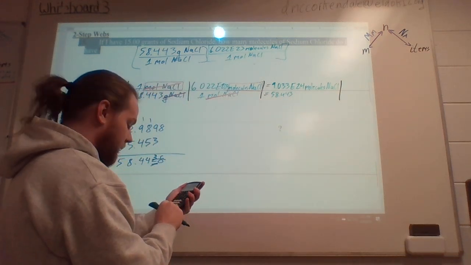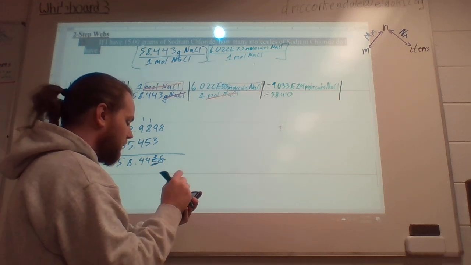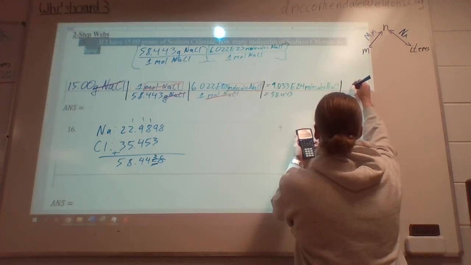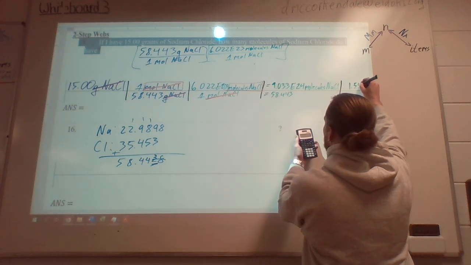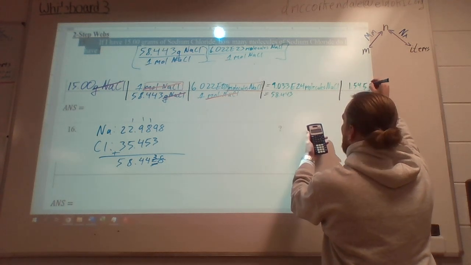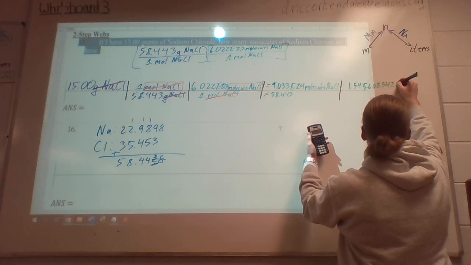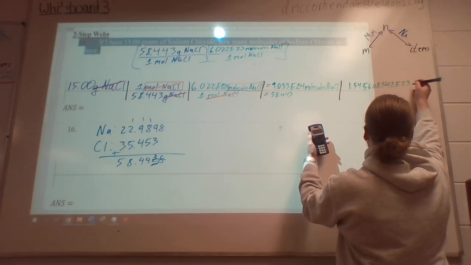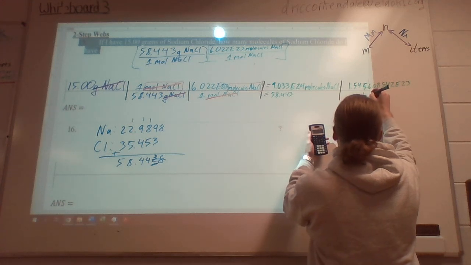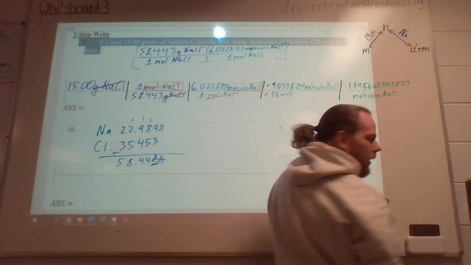So divided by 58.443, which leaves us 1.5456, 08542, E23, and I'm going to move down to the bottom for the units, molecules, NaCl.